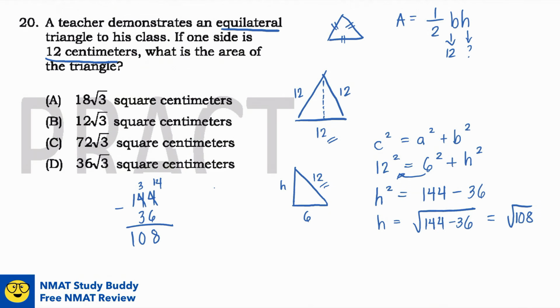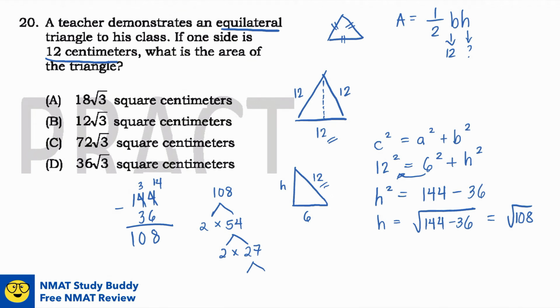Since wala tayong calculator, pwede natin gamitin yung prime factorization. Yung factors ng 108 are 2 times 54. Pwede pa natin siya i-divide sa 2 kasi even number siya, so 2 times 27.